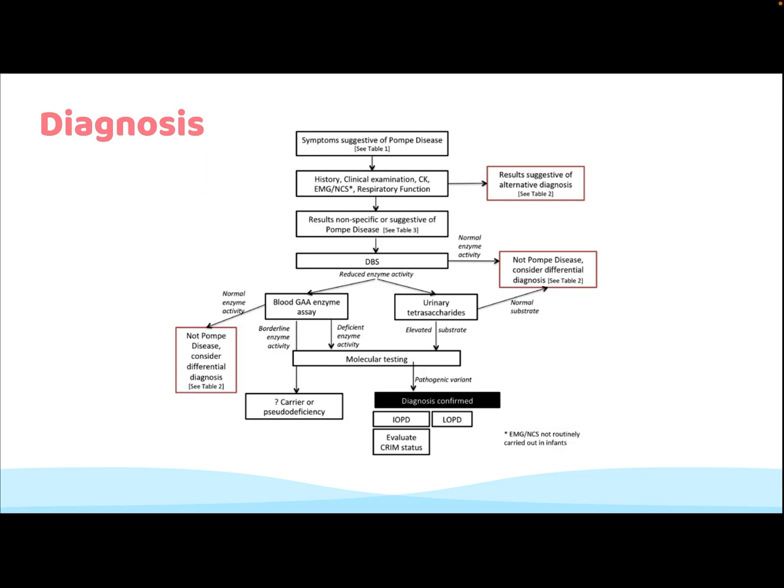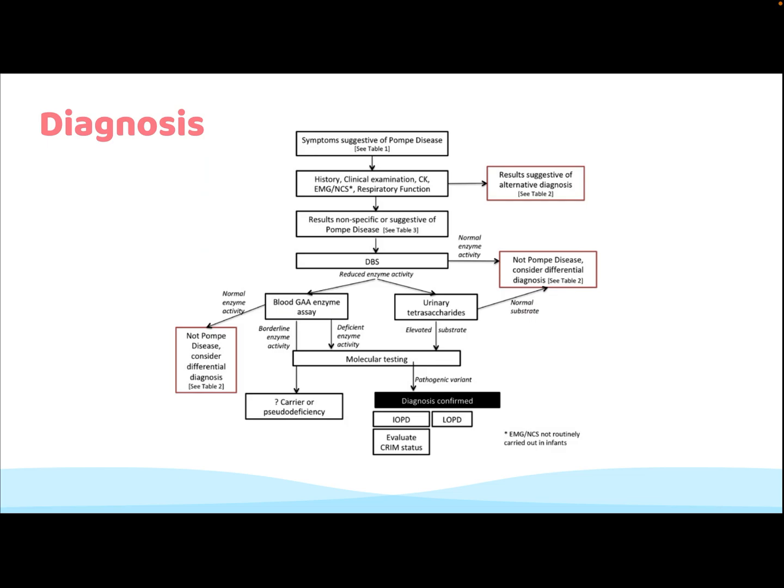This is an algorithm. You can read it later on by yourselves and how to diagnose أو approaching Pompe disease. لازم يكون عندك good history، لازم يكون عندك good clinical examination. ممكن ناخذ CK level لأنه يأثر على القلب والعضلات، مو فقط على الليفر والكلى.